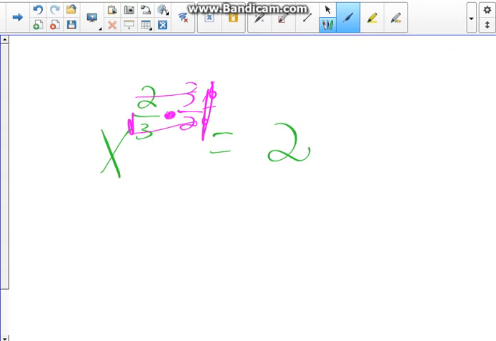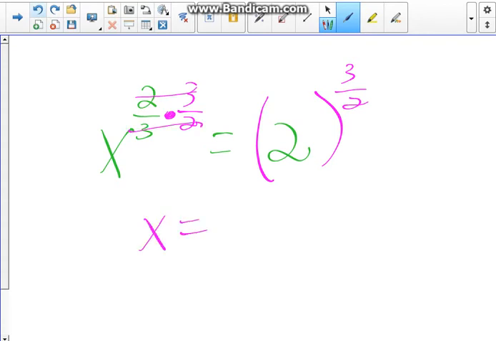And so to do this, if I multiply one side by that power, I have to multiply everything on the other side, which here is just a 2, to that same power. So this cancels out, and we're left with x on the left, and on the right we have 2 to the 3/2 power, which we learned from a previous lesson.